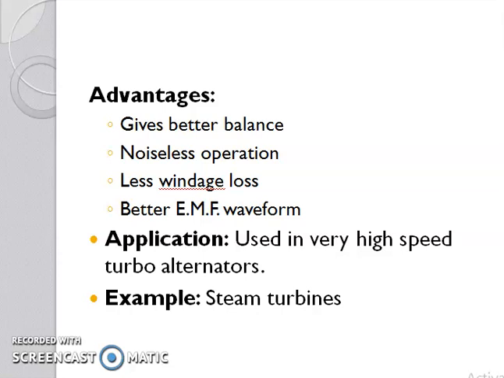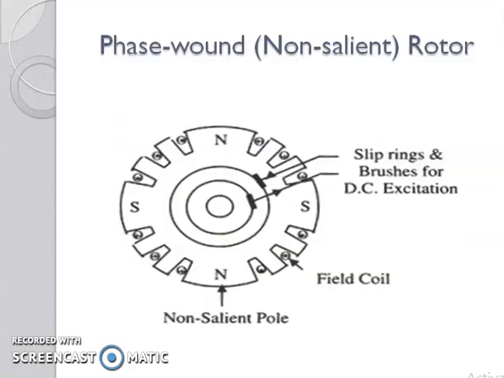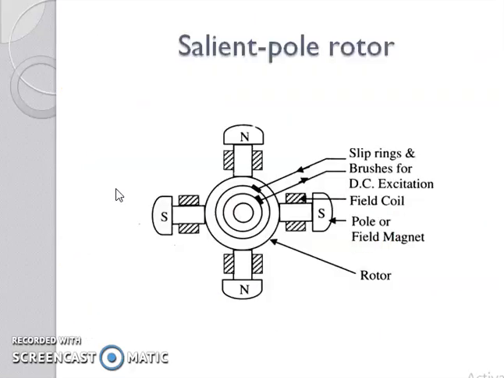Let us glance at the structure. As the structure itself shows, the slip rings and brushes are provided on the rotor part, and the slots are at the outer periphery. So this is the non-salient pole type of rotor. This type of arrangement is used for high speed machines.